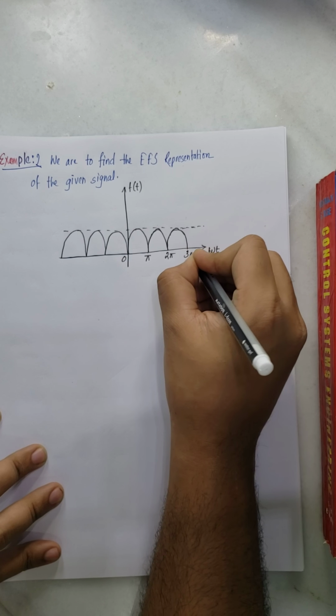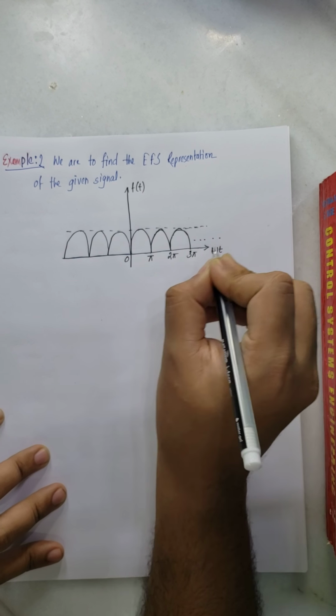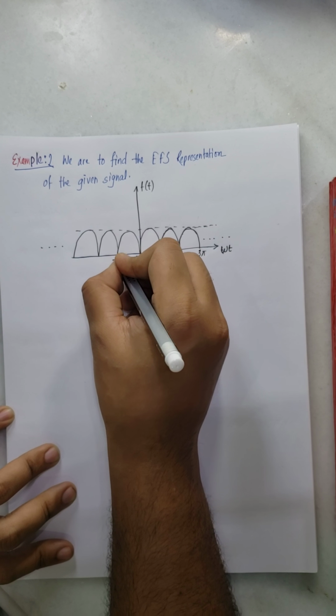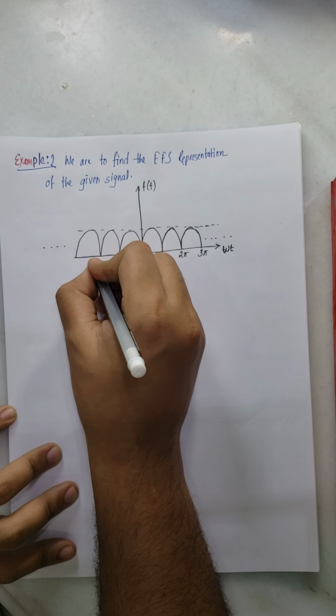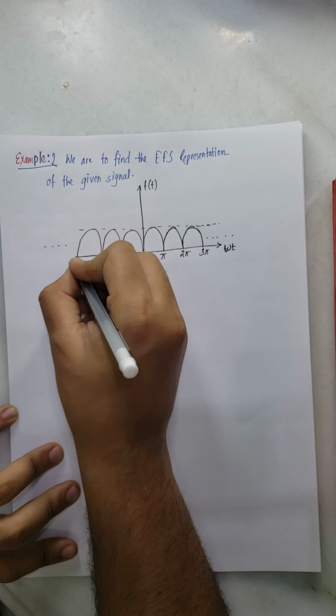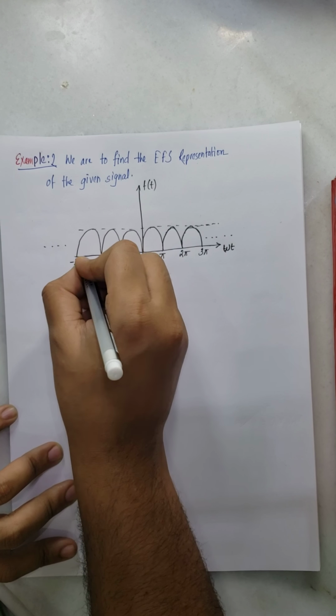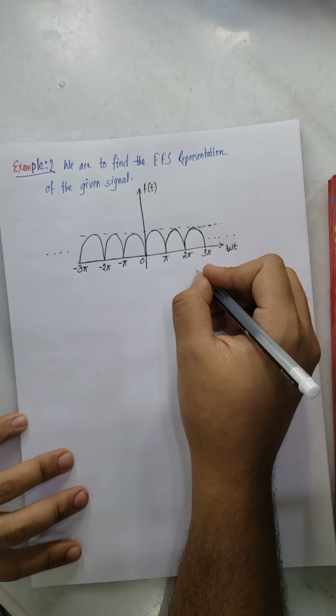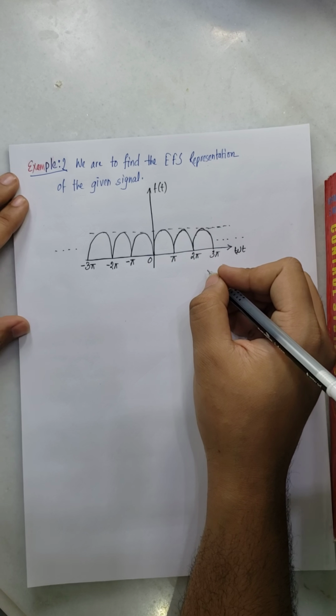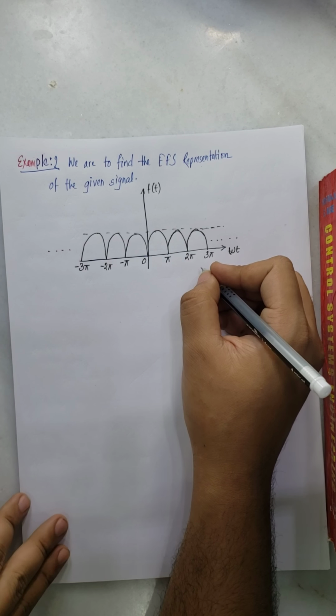Here it will be 3 pi and it will go so and so forth. Here it will continue in this direction. This becomes negative of pi, this becomes negative of twice pi, and consequently negative of thrice pi. So this is the signal given.